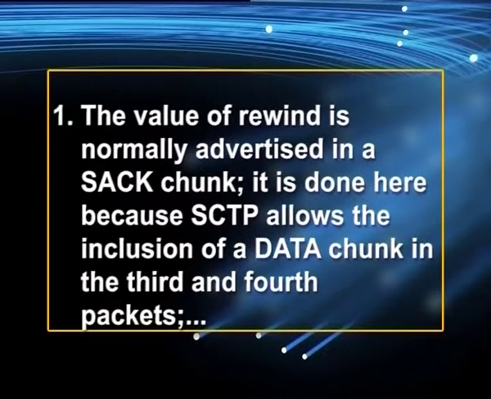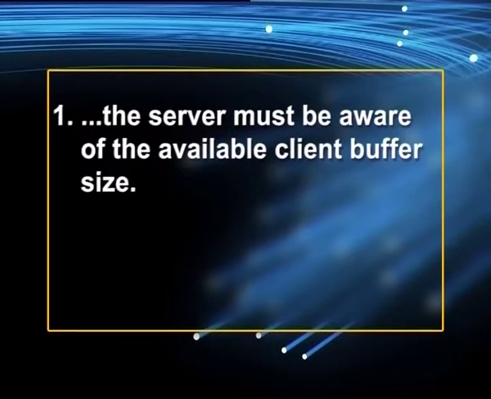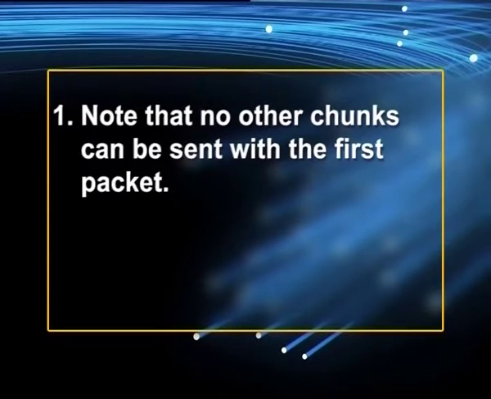The value of rwnd is normally advertised in a SACK chunk. It is done here because SCTP allows the inclusion of data chunks in the 3rd and 4th packets. The server must be aware of the available client buffer size. Note that no other chunks can be sent with the first packet.